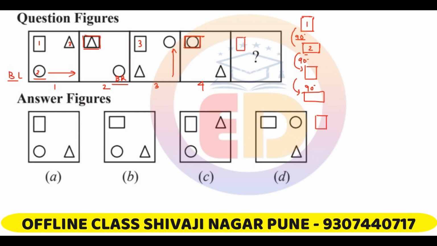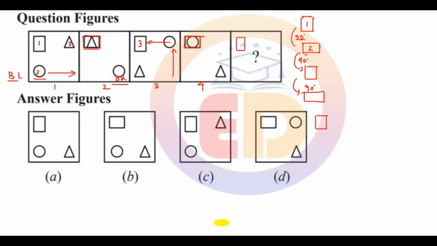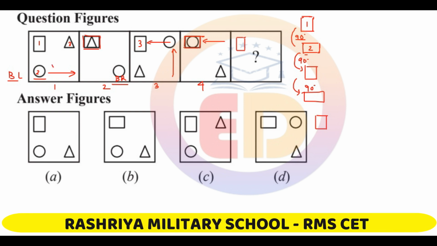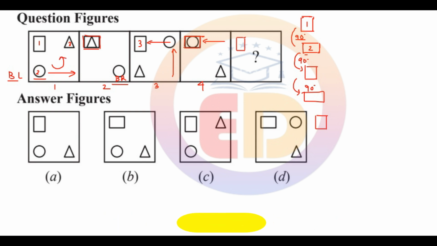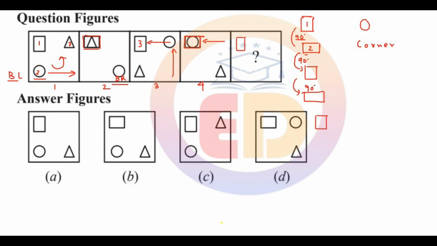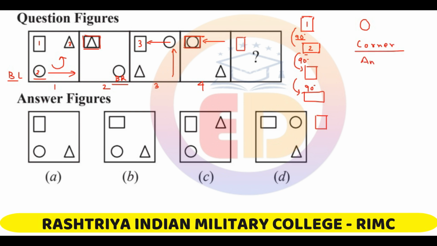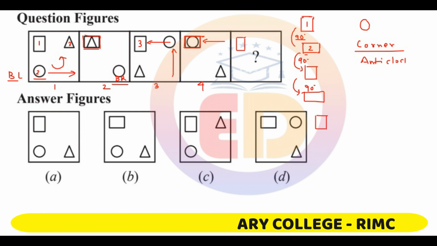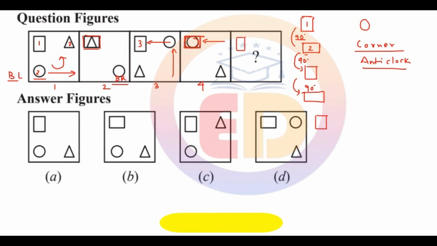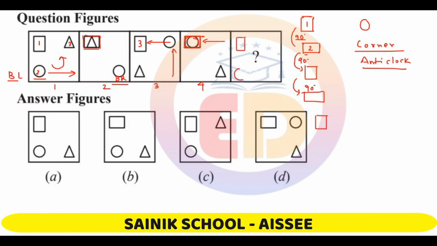And in the fourth shape, it moves from top right to top left. So I can say that the circle is moving from one corner to another in an anti-clockwise manner. So in the answer figure, this circle, which is right now present on top left, will come to bottom left.